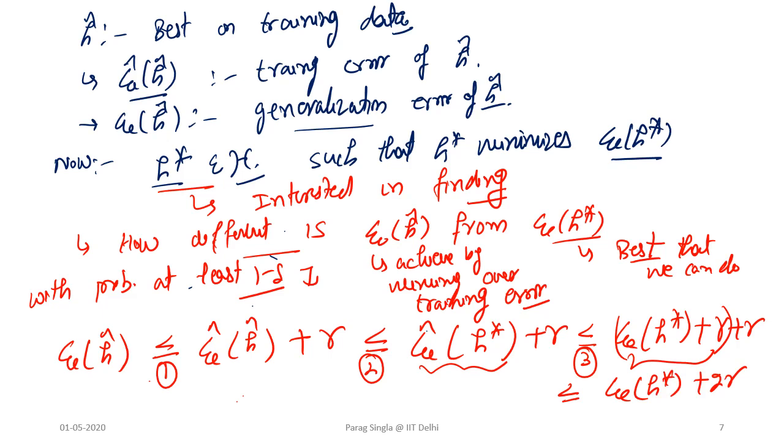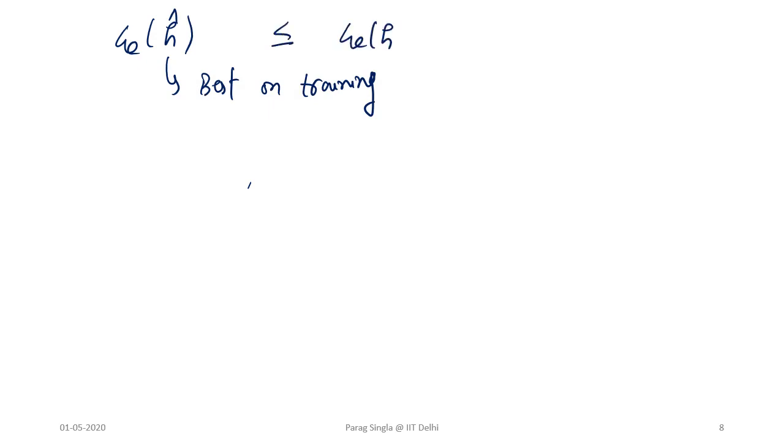I'll write it again on the next slide. Once again, what we have done here is that we have given this bound that the generalization error of h hat, which is our best on training, is less than or equal to, using a bunch of inequalities, epsilon of h star plus 2 gamma, where h star is the best overall in terms of its generalization error.